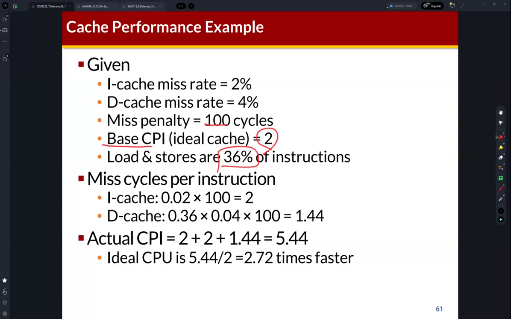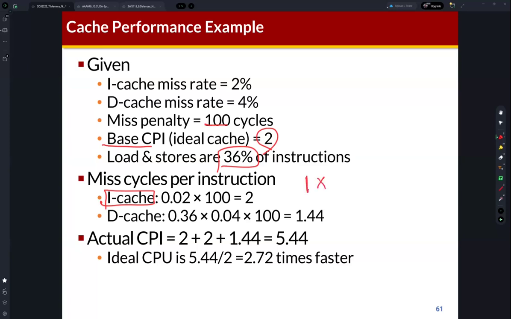So, and then we can calculate the additional cycles wasted by cache misses. For the instruction cache, every instruction needs to access the instruction cache, right? So actually every instruction is a 1, okay?